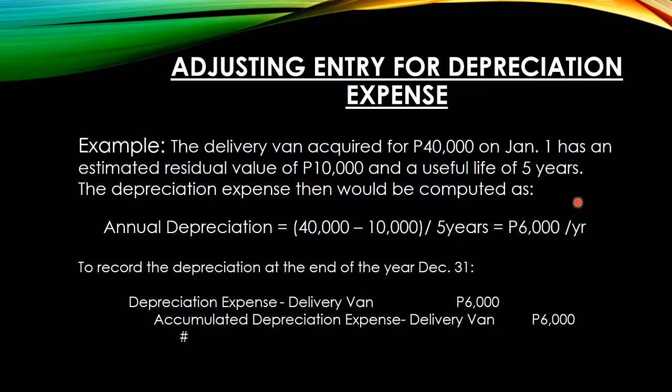That's why what we will be using as our amount is the whole 6,000, meaning the annual depreciation of 6,000. We follow our pro forma entry: depreciation expense, and we can specify which fixed asset it is. Debit depreciation expense, delivery van, 6,000, and we credit accumulated depreciation, delivery van, 6,000.